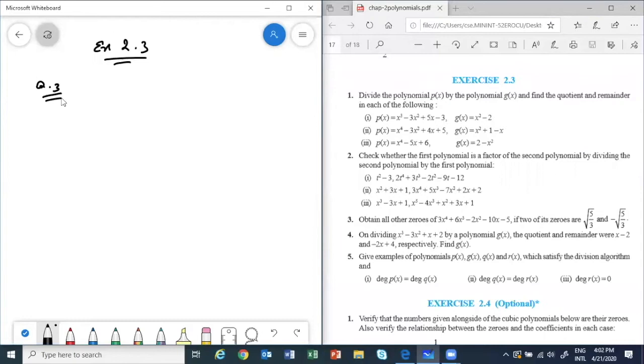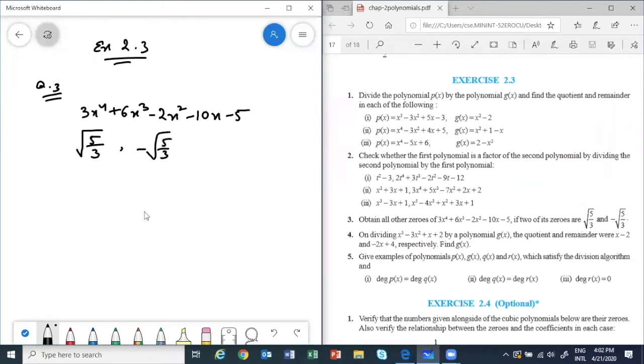Obtain all other zeros of 3x power 4 plus 6x cube minus 2x square minus 10x minus 5, if two of its zeros are given. The two zeros are root of 5 by 3 and minus root of 5 by 3.